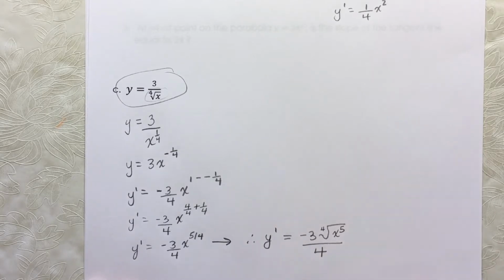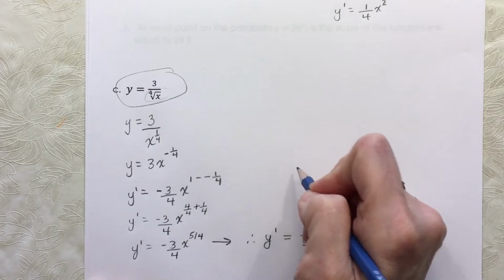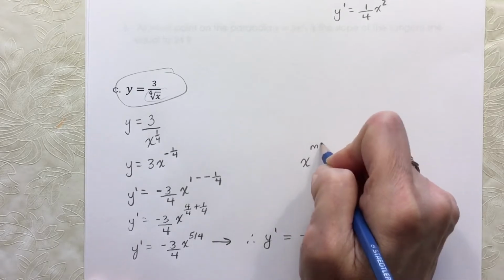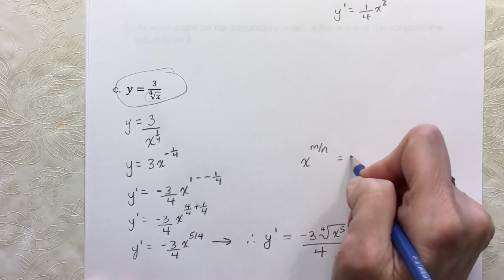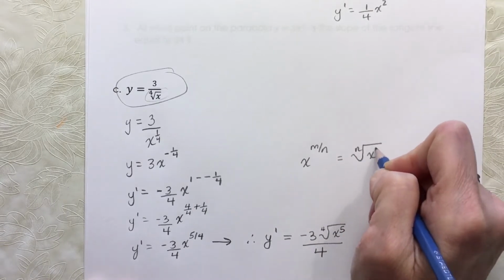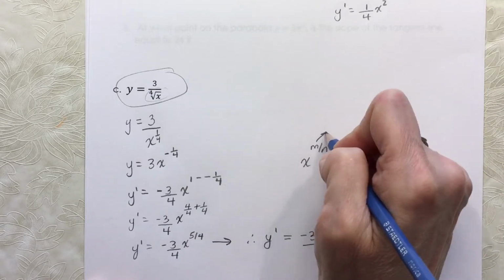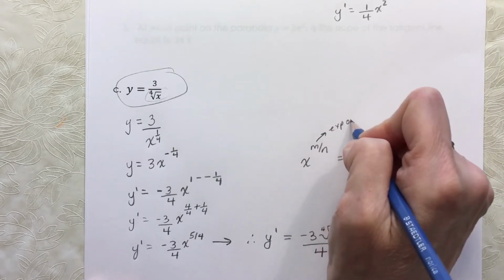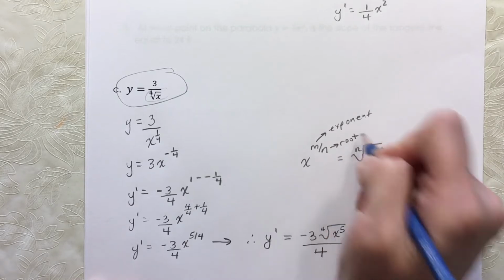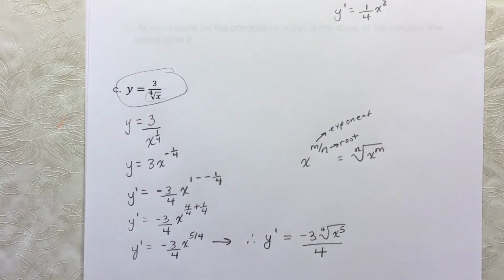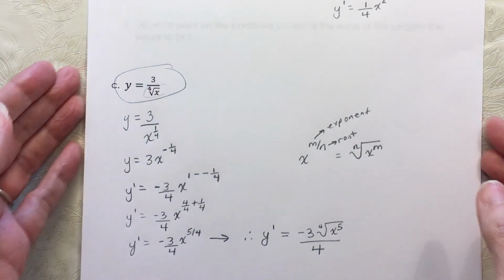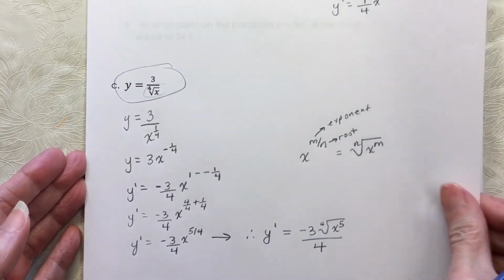And recall from grade 11, if you have x to the exponent m over n, it means the nth root of x to the exponent m. So that's the exponent. And that bottom number is the root. Okay? So just going over those key things again.